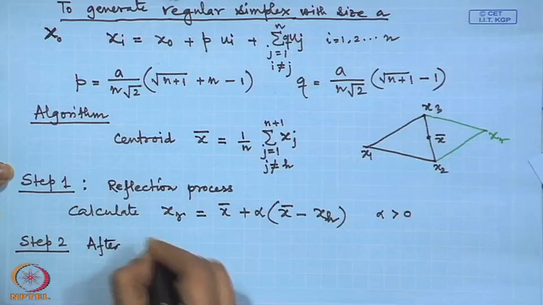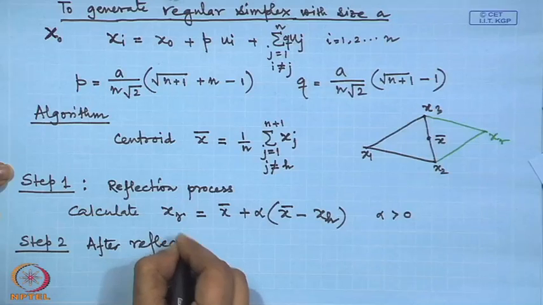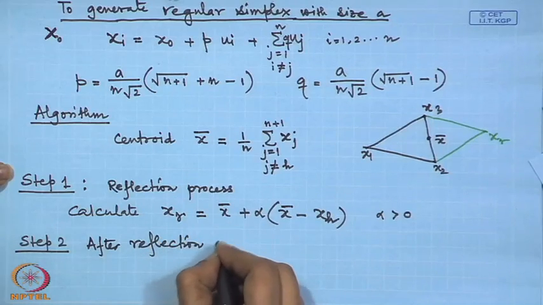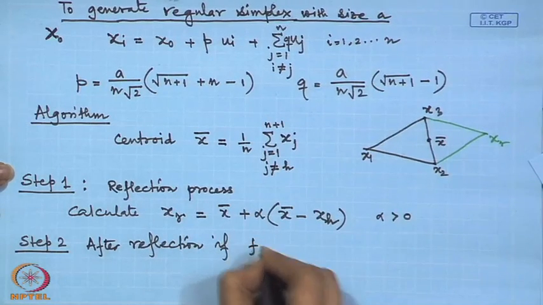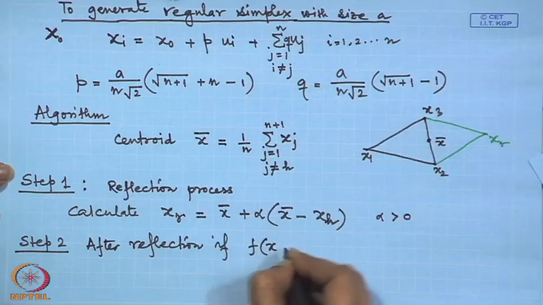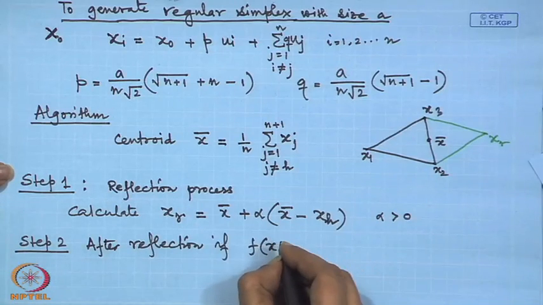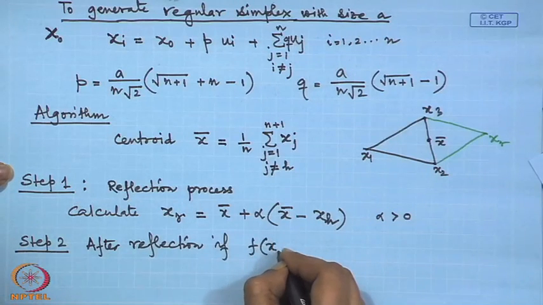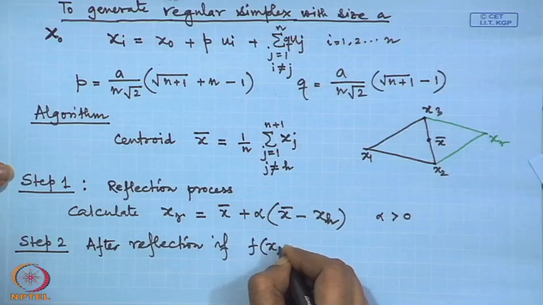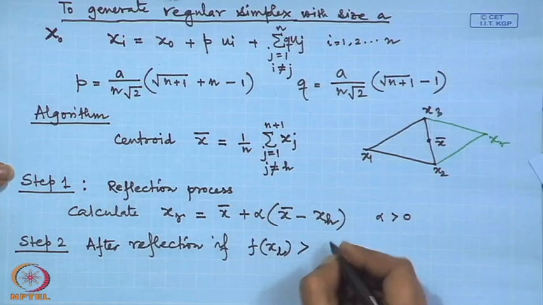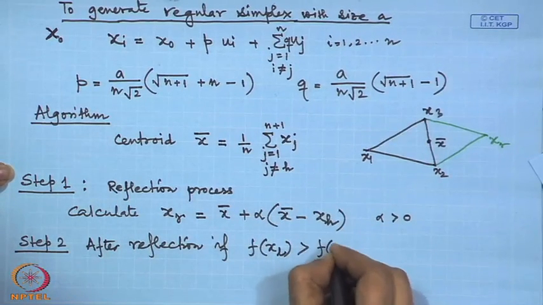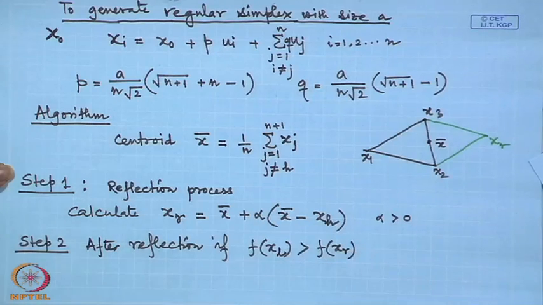That is my step 2. After reflection, if f x L is greater than f x r, that means f x r gives a better value than even the lower value.